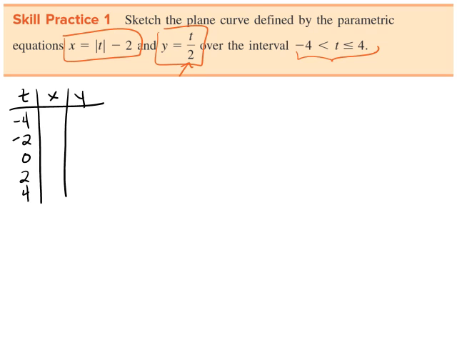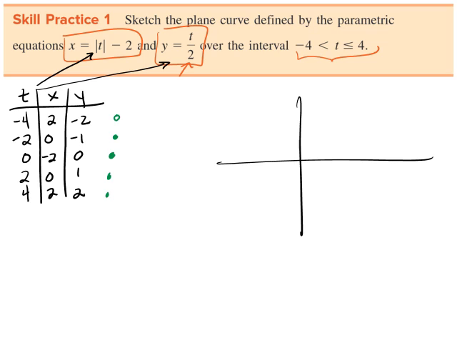So now I'm going to plug these values of t in here. And when I do, I get 2, 0, -2, 0, and 2. And when I plug them into the equation for y, I get -2, -1, 0, 1, and 2. Like the previous problem, this will be an open circle and the rest will be closed circles.